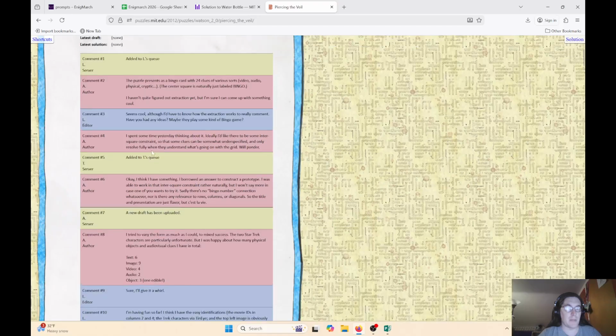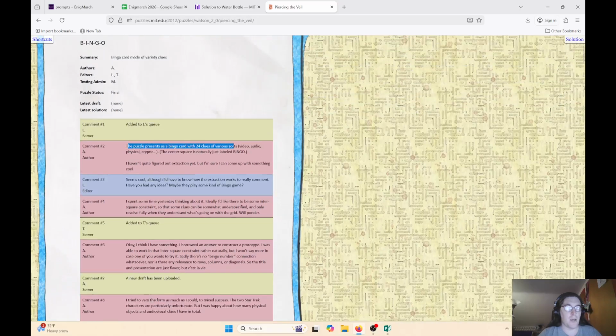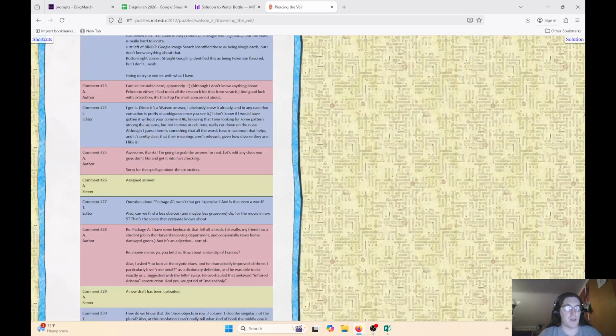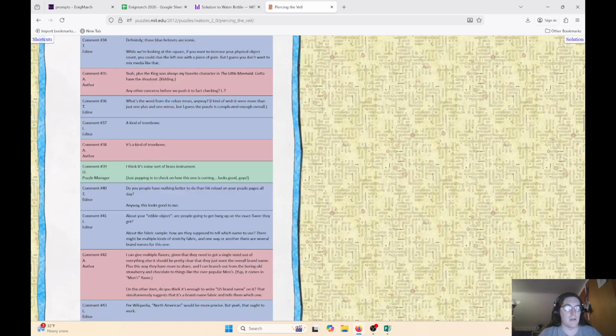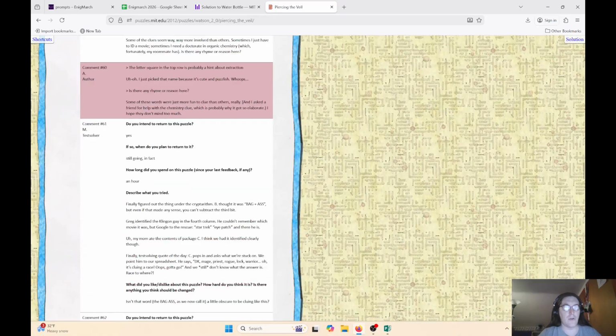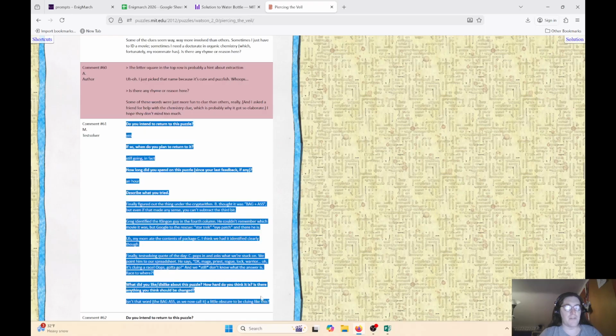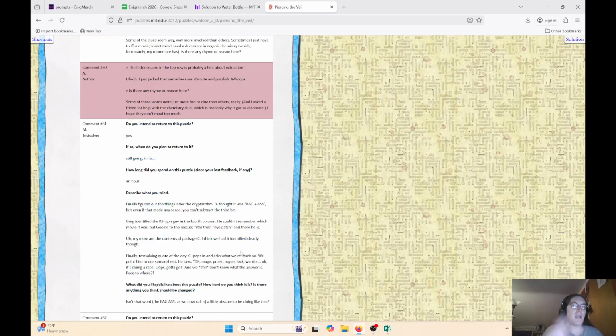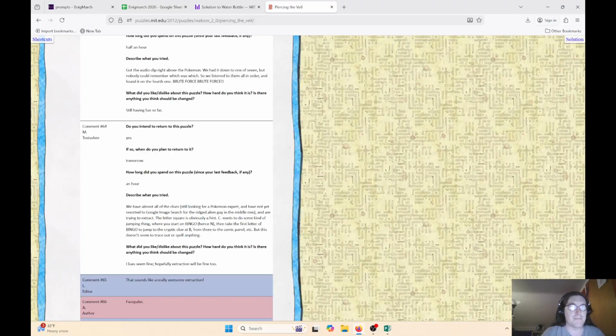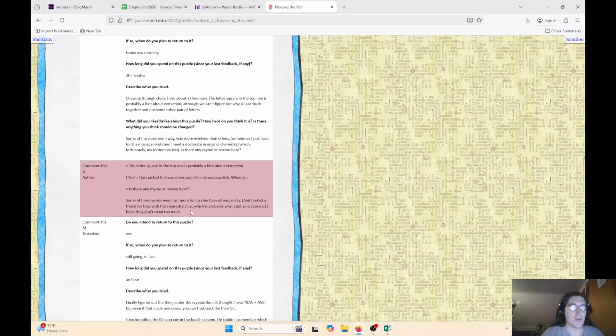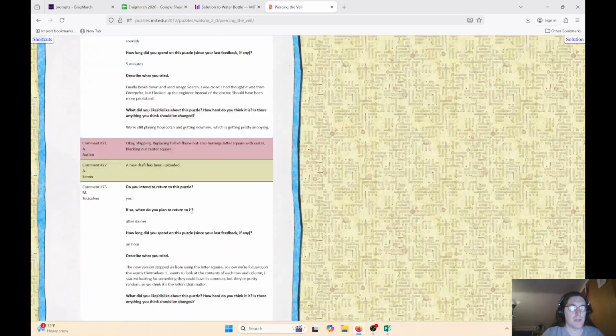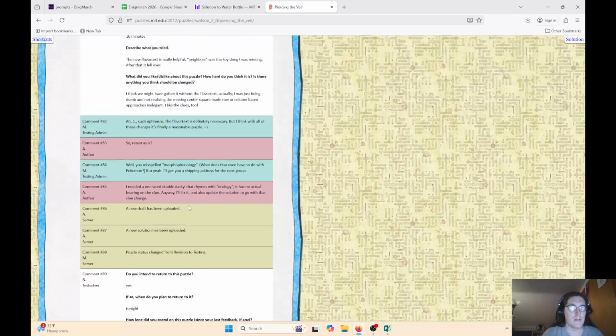So it became this logic puzzle: you've got a bingo card, 5 by 5, with the center square labeled bingo, and then there's all this information about test solving and editing. You can't solve it actually, but you can piece together enough to figure out what the puzzle is and how to go about it. It's a cool style of puzzle, and we could probably do something like that with hints.